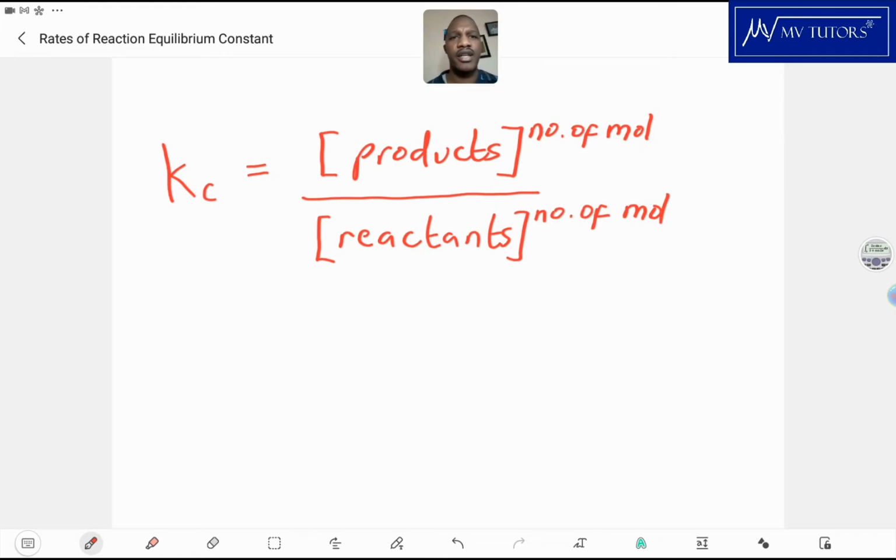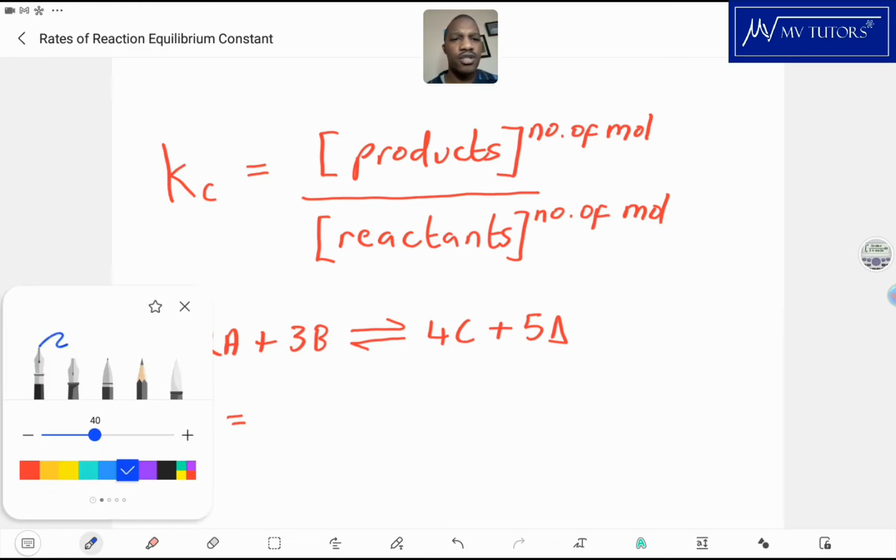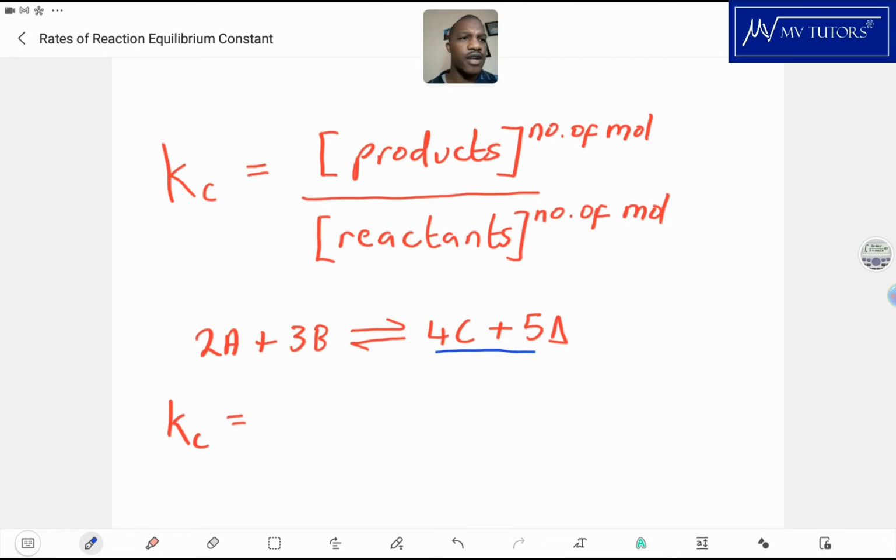Let's take a typical example. Let's say you have 2A plus 3B, reversible, 4C plus 5D. To get the equilibrium constant of this, remember we said concentration of products over concentration of reactants. So let's start with the products. These are the products over here, so that's what we start with on top.